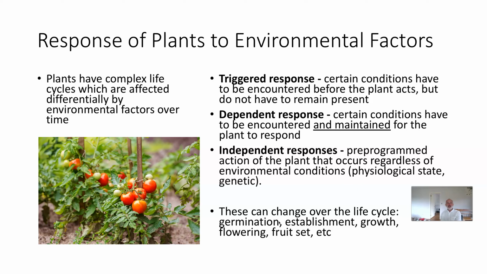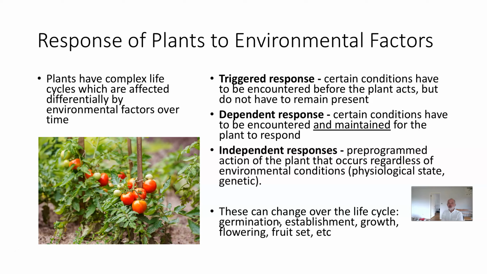The second is a dependent response, and this is a condition that needs to be encountered and then maintained. You can think of this as water availability. The picture on the left is of a tomato plant, and tomato plants are particularly notorious for their susceptibility to drought.